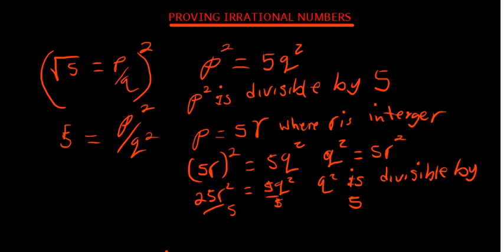q squared is divisible by 5, which actually also implies q is also divisible by 5. So as we can see, 5 can divide q and can also divide p. And this actually doesn't sit well with our earlier assumption where we said p and q don't have a common factor.